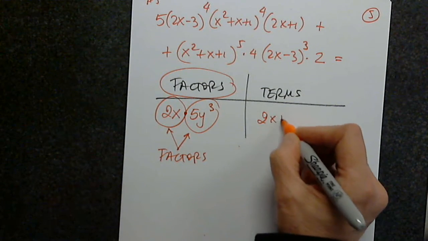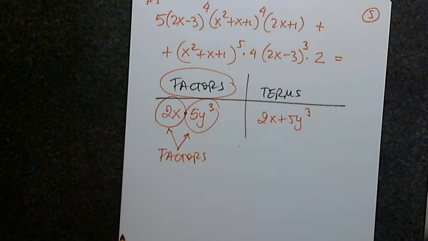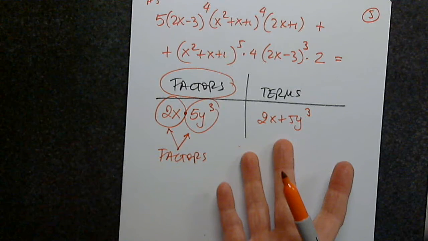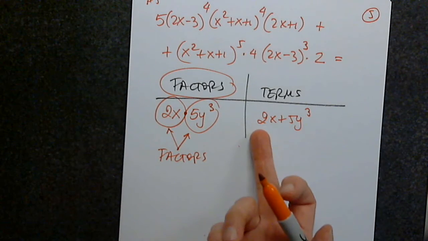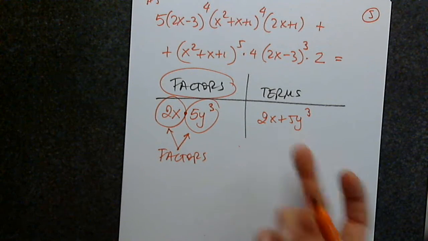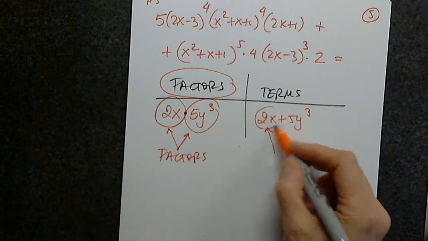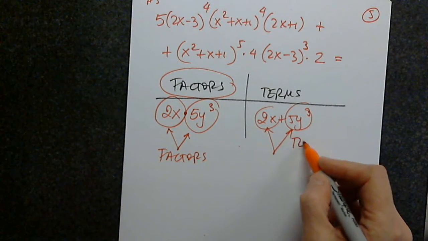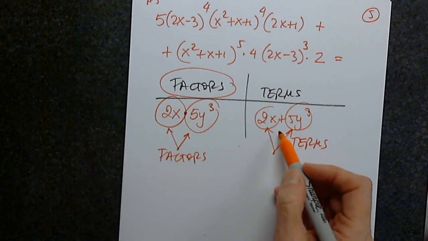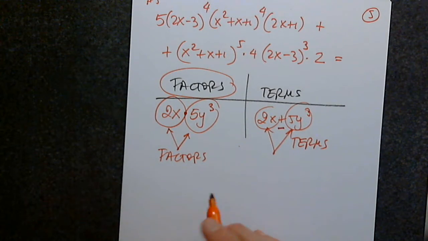What about 2x plus 5y to the 3rd? This is a binomial, correct? So this is the first term and this is the second term. That's why we say binomial, right? So these two quantities now are called terms because they are added or subtracted. When we talk about factors, the quantities must be multiplied. When we talk about terms, the quantities are added or subtracted.